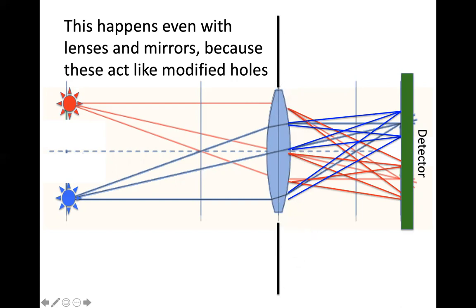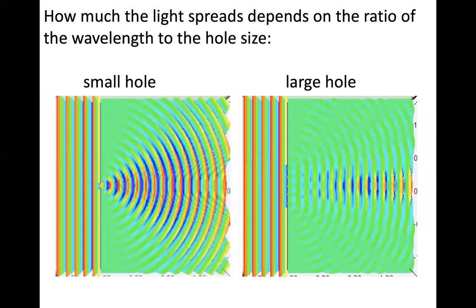Now, it modifies the hole somewhat, but this spreading still occurs. The light from the red star gets spread over a finite range. The light from the blue star gets spread over a finite range. So even in actual real optical instruments, this is going to happen, and it's going to cause problems.